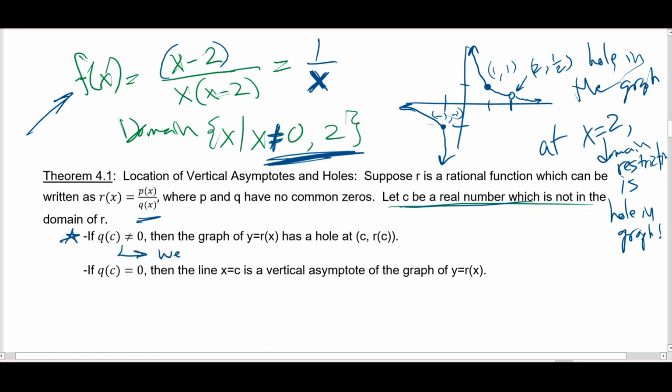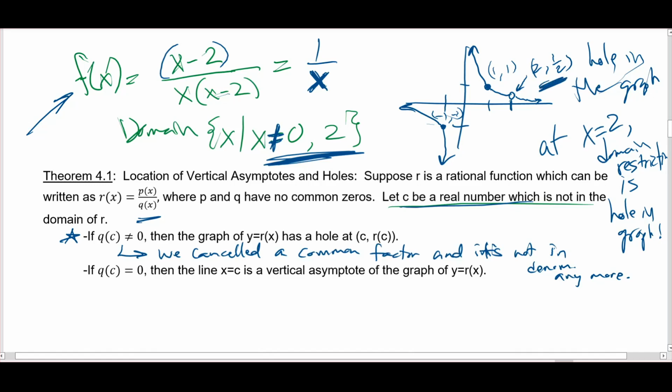So this means if we canceled a common factor, it's not in the denominator anymore. Okay, so if that's true, then we're going to have a hole in the graph, which is what we just did right here with our 2 comma 1/2. Okay, so if Q of C is still 0, the domain restriction remains.